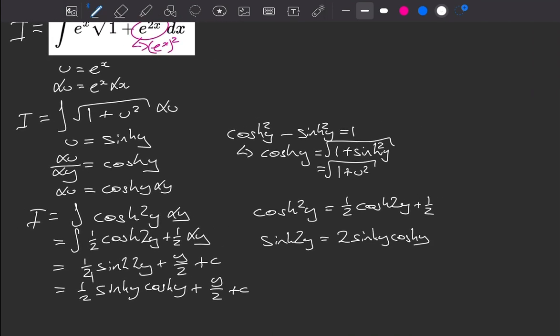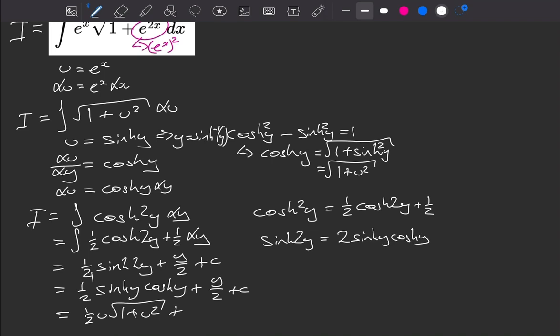So our y, if we arrange this little bit, is going to be inverse sinh of u. So altogether then, our sinh y is now u, so that's a half of u. Our cosh y is now the square root of 1 plus u squared.